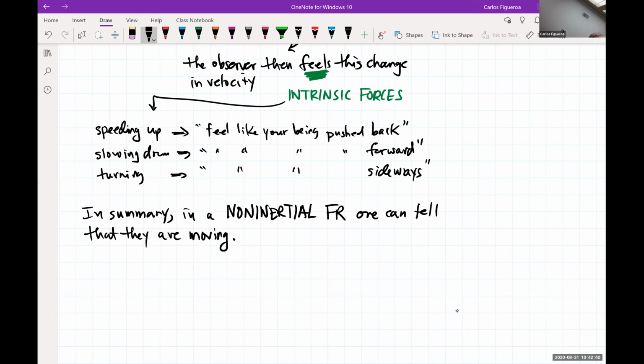However, if your friend, the driver, suddenly brakes really quickly and you try to take a sip of that tea, you're going to get hot tea all over you. Your body feels those net forces as you're suddenly braking. You now know that you're in some non-inertial frame of reference.